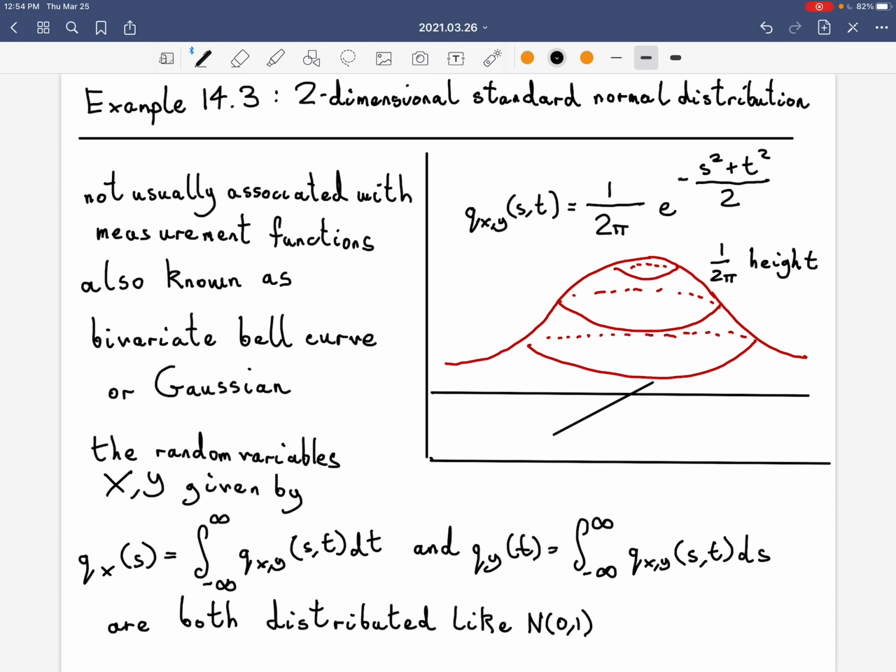So we have this two-dimensional standard normal, which is a surface in 3D space obtained by rotating the 1-dimensional normal around an axis fixing the peak, and higher dimensional normals are obviously harder to visualize, but the basic idea is that they concentrate at the origin and decay symmetrically and exponentially as you move away from the origin.